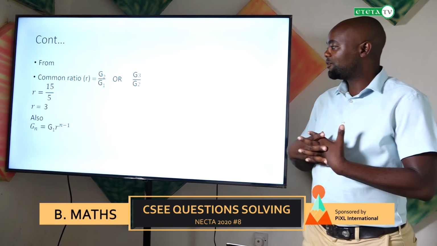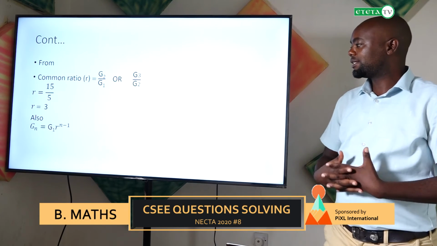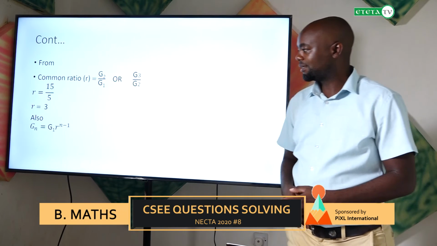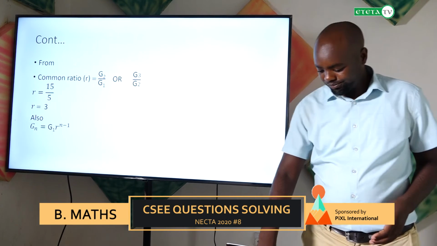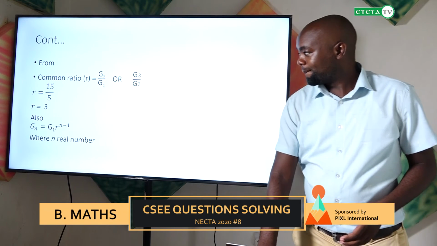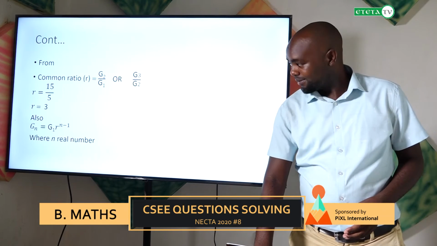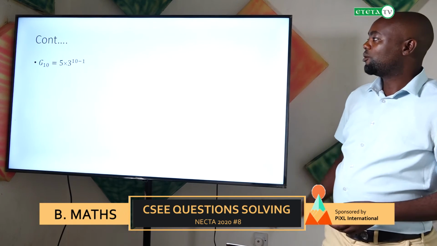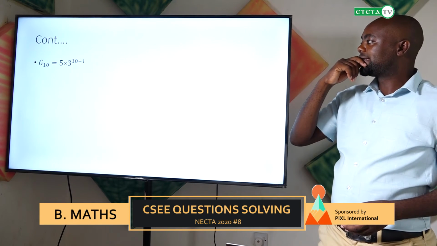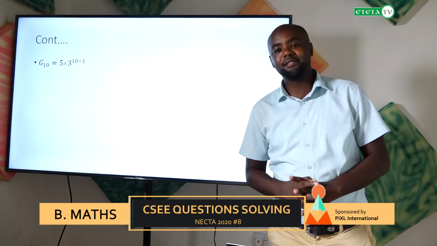When you are talking about the 10th term, instead of writing n, we put 10. When you are talking about the fifth term, then instead of n you put that term number. And we are asked to find the 10th term.